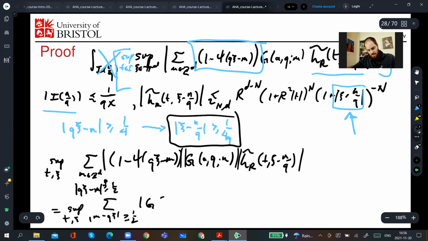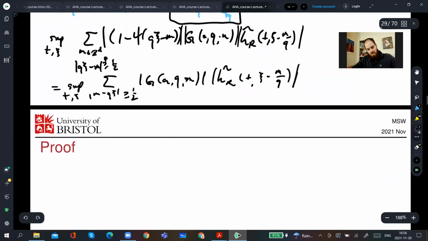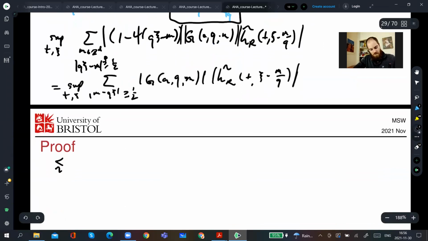And I have a uniform bound for the Gauss sums, right? And I have a bound for the Euclidean Fourier transform. So let's plug both of those in. This is at most, up to some constants depending on dimension and on n, the sum over m with the absolute value of qc minus m greater than or equal to half. What's the bound for the Gauss sum? That's just q to the minus d over 2.